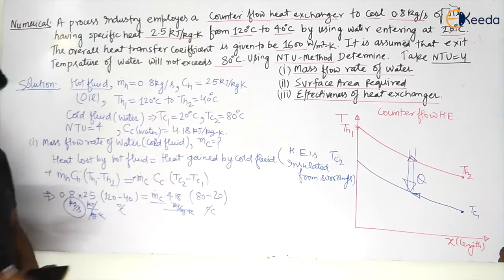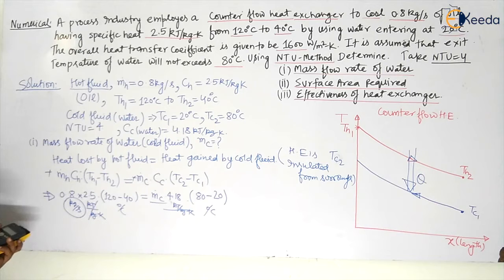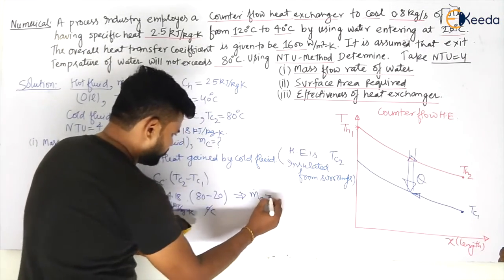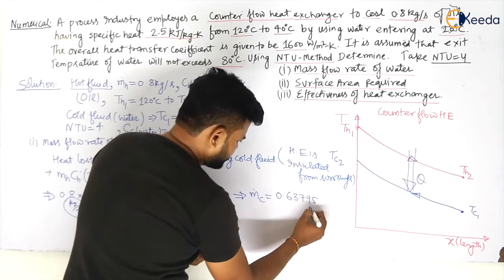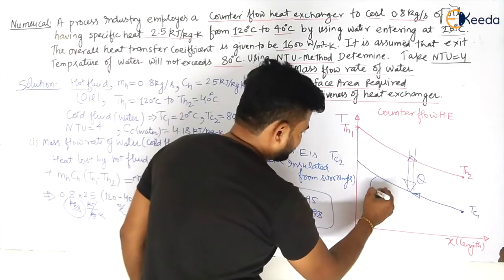Let us calculate: 0.8 multiplied by 2.5 multiplied by 80 equals 4.18 multiplied by 60 times m dot c. So the mass flow rate of the cold fluid, m dot c, is 0.63795 kg per second. We have now calculated the mass flow rate for the cold fluid.